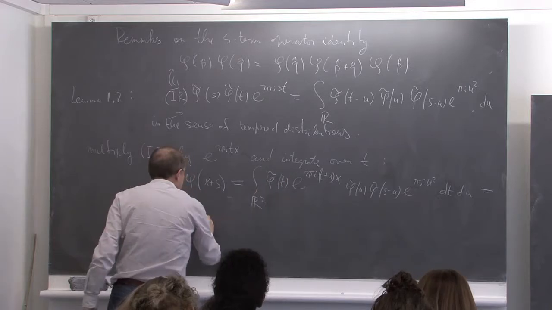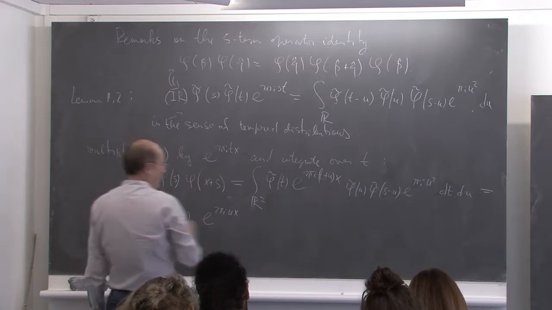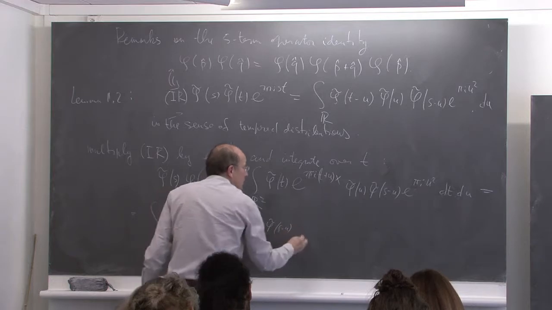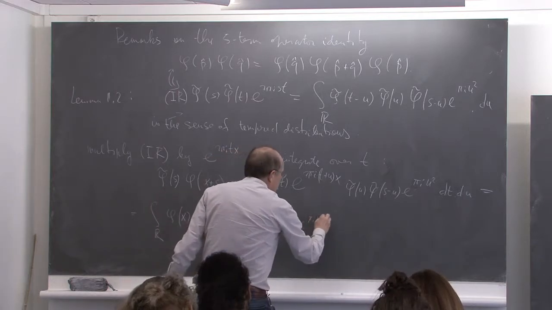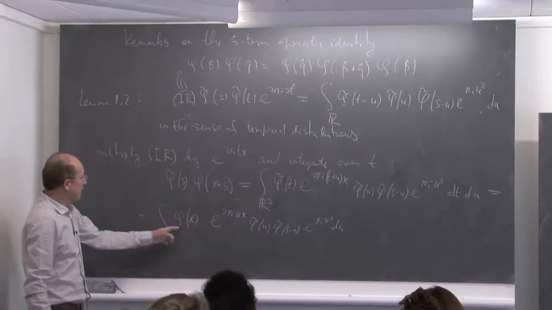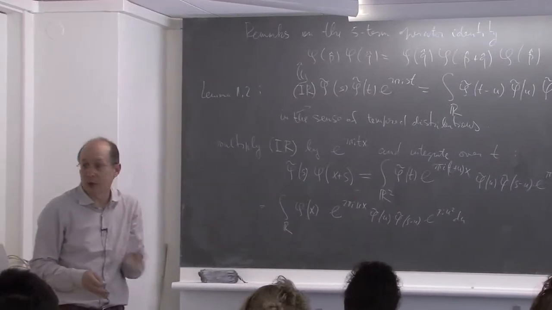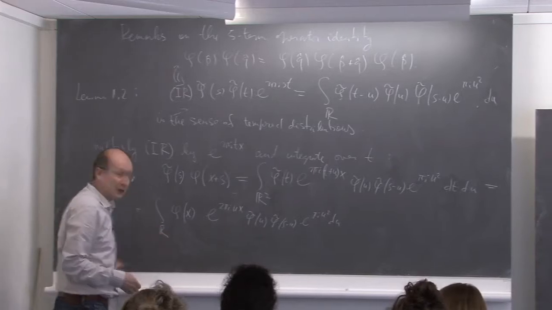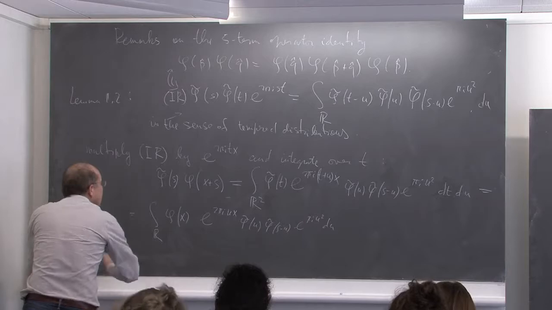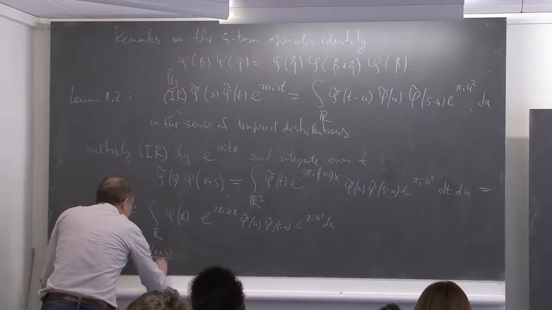And the rest stays: e to the 2 pi I ux, phi tilde of u, phi tilde of s minus u, e to the pi I u squared du. And now, phi of x is a function which takes its values on the unit complex circle, so we can divide by it without any problem. So we get phi tilde of s, phi of x plus s, divided by phi of x.